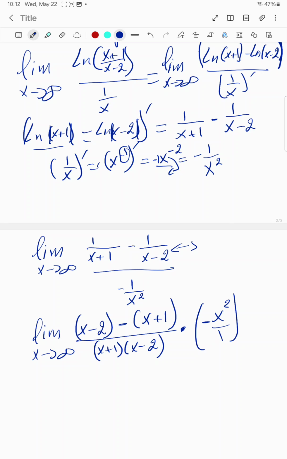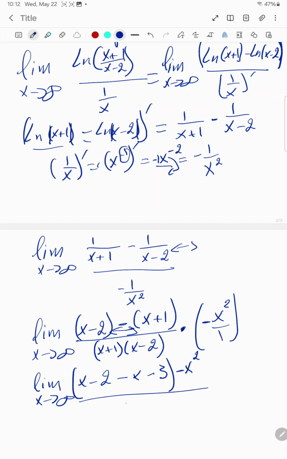So let's develop the numerator here. It becomes x-2 minus x minus 2 minus 1, is minus 3, multiplied by minus x squared, divided by (x+1) times (x-2).